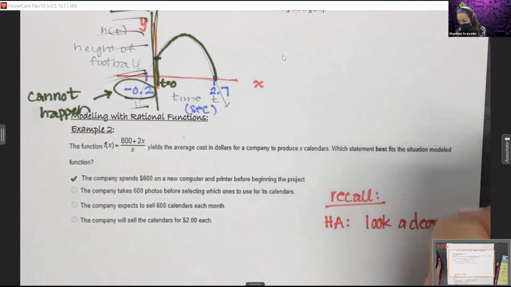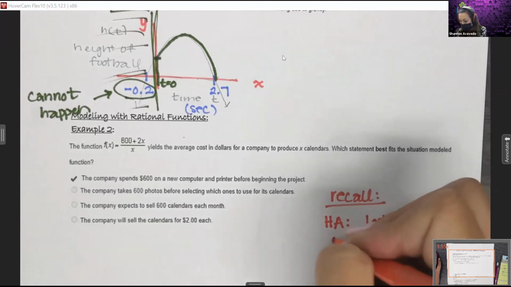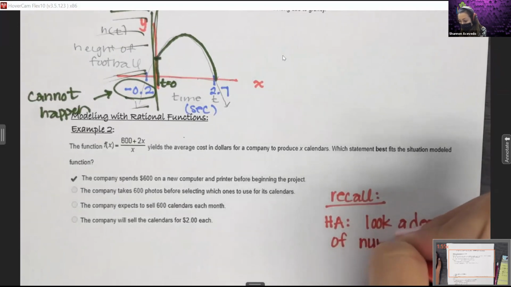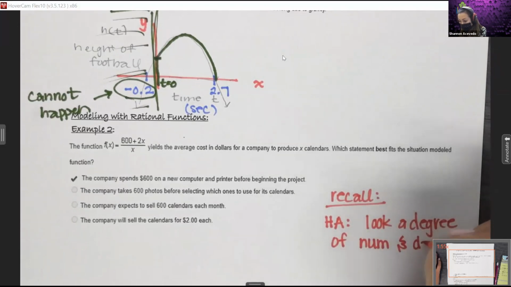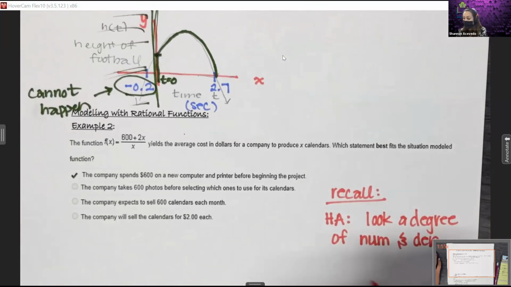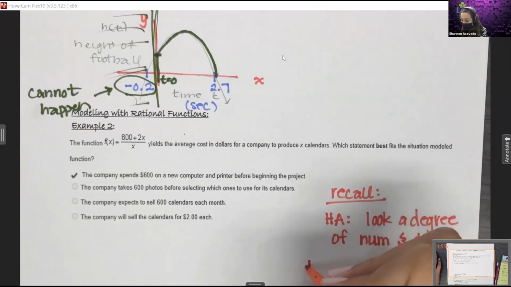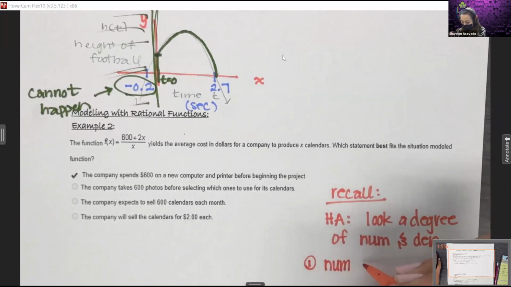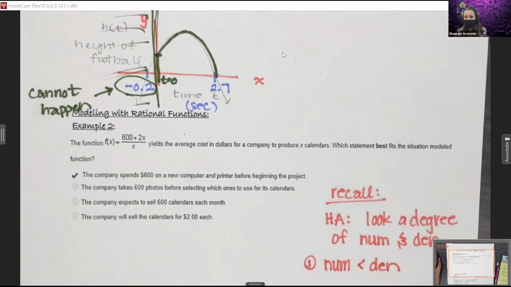Look at the degree of your numerator and your denominator. There are 3 scenarios. Either the degree of your numerator is going to be less than the degree of your denominator.